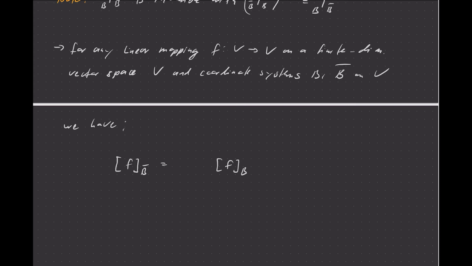Well, what we have here, let's write this out. So we have a B bar here and a B bar here, and we have B and B here on both sides. What that means is the input vector that we want here is a vector x in B bar coordinates. And the output is again a vector f of x in B bar coordinates.